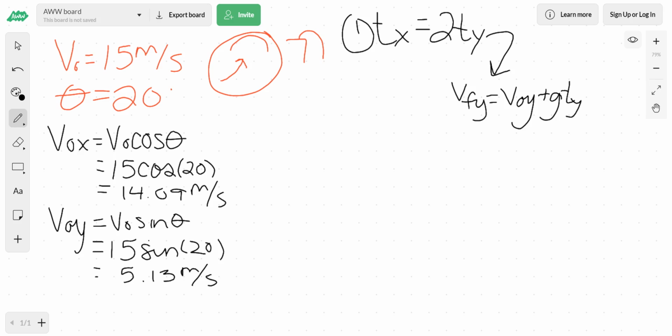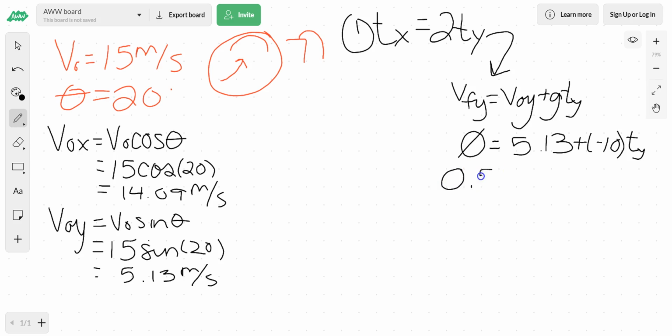At the very peak, velocity final in the y direction is always 0. V initial y we just found. Gravity is -10, and time. So we are going to get 5.13 divided by 10.